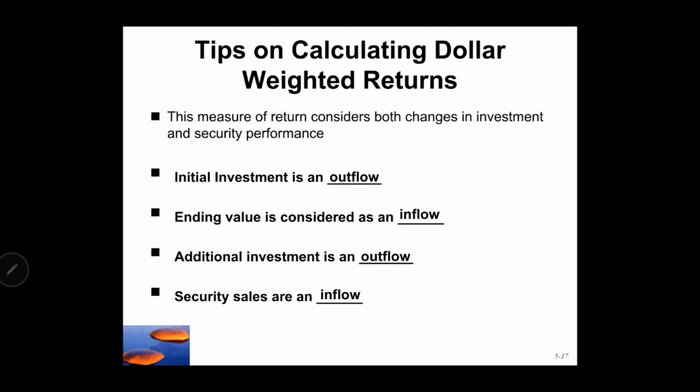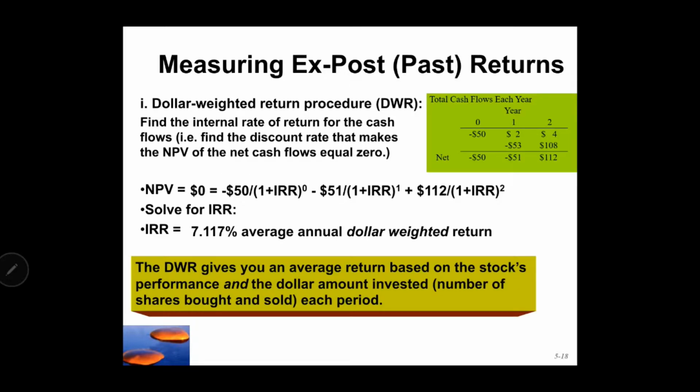Tips on calculating dollar weighted returns. This measure of return considers both changes in investment and security. Initial investment is an outflow, ending value is considered as an inflow, additional investment is an outflow, security sales are an inflow. So if you take this example, dollar weighted return procedure finds the internal rate of return for the cash flows.